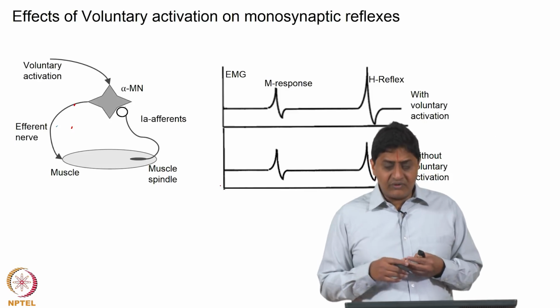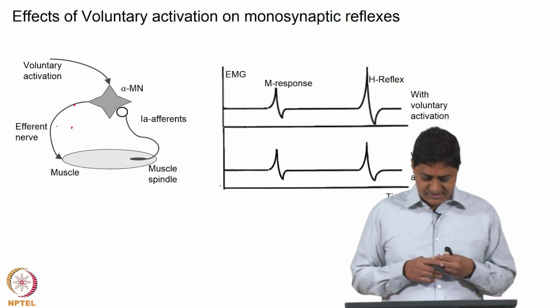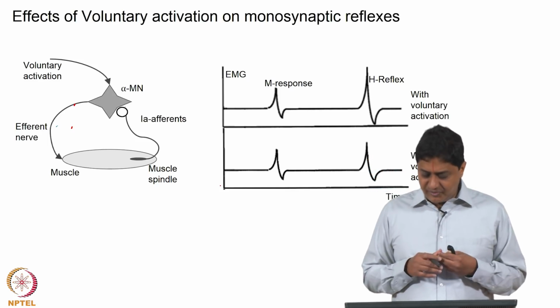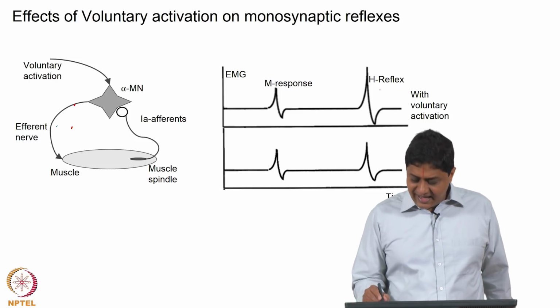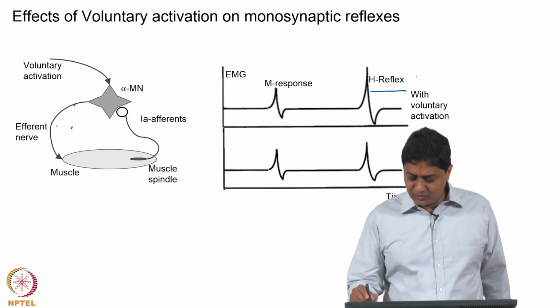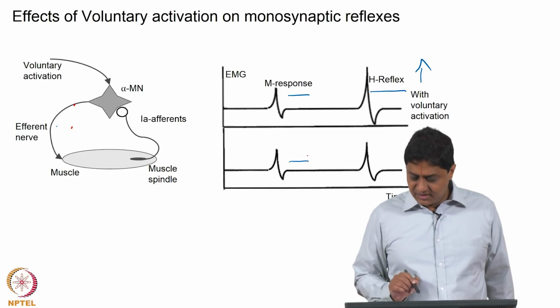What will happen to the amplitude of the reflexes during voluntary movements? Usually what happens is, if there is voluntary activation, the H reflex amplitude goes up, the M response amplitude remains the same.